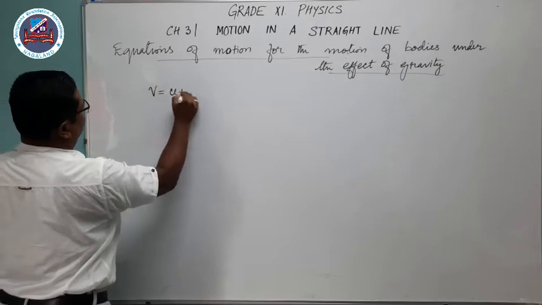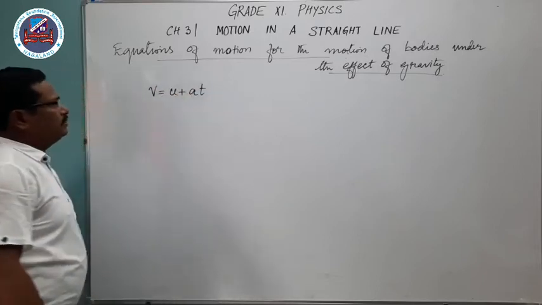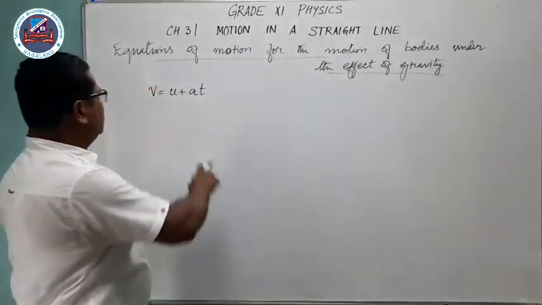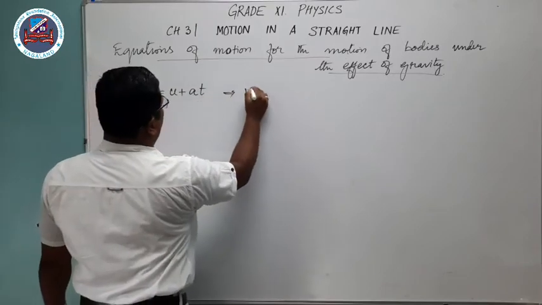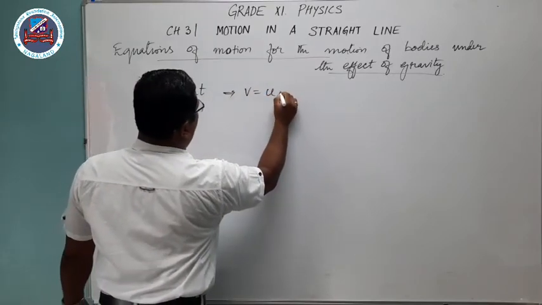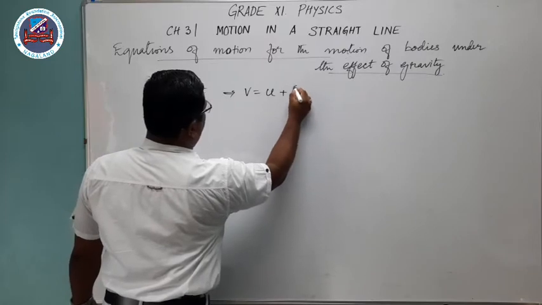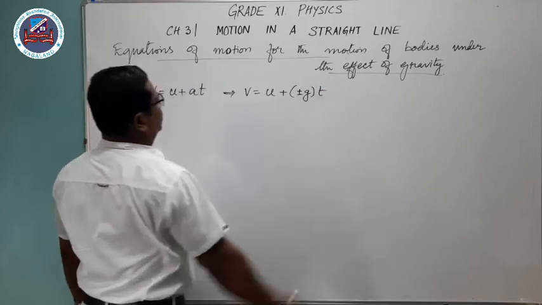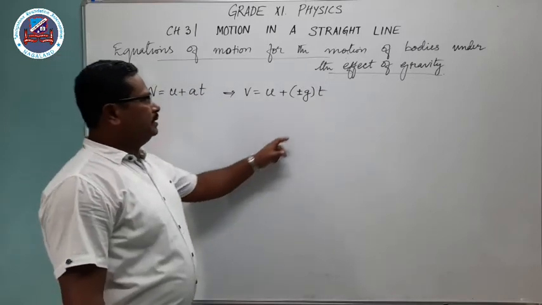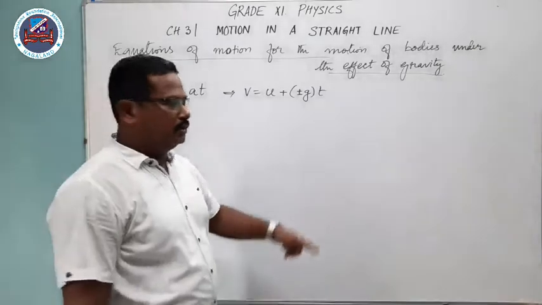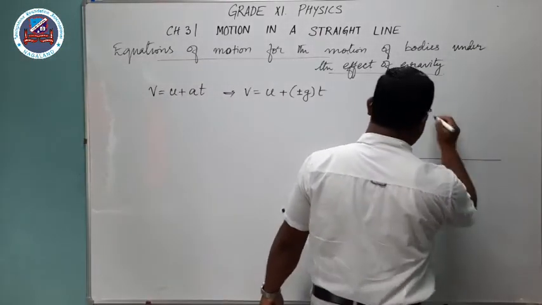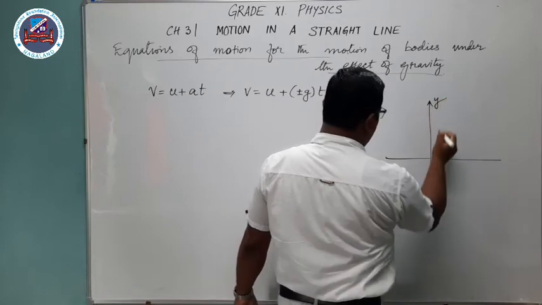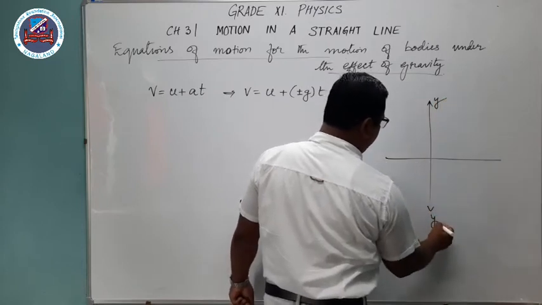to u plus at. If a body is falling under the effect of gravity, then this equation will become v is equal to u plus or minus gt, where the acceleration becomes the acceleration due to gravity. In our coordinate axis, this is y positive and this is y negative.